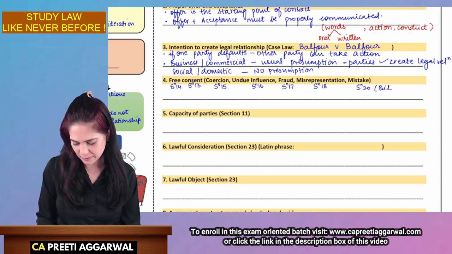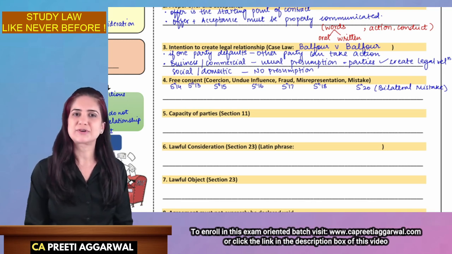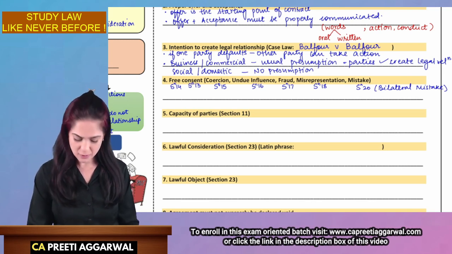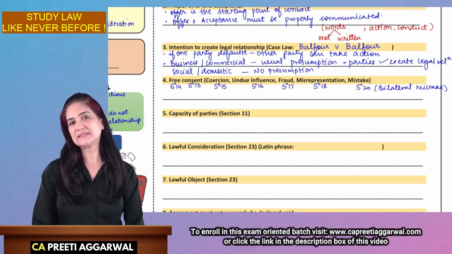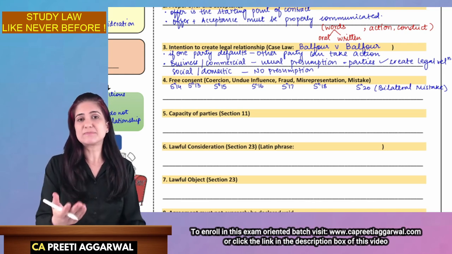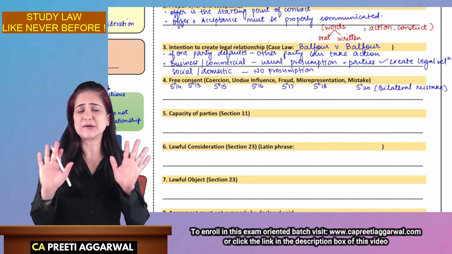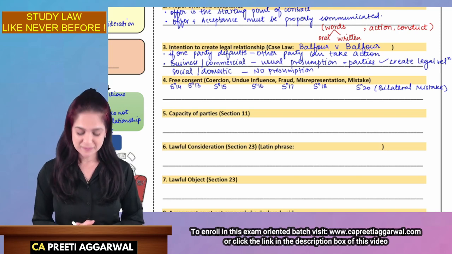This we are talking about bilateral mistake. In case of bilateral mistake, the contract is void, yes? Now, there must be consent. What is the meaning of consent? Parties must agree upon the same thing in the same sense, and this consent must be free.